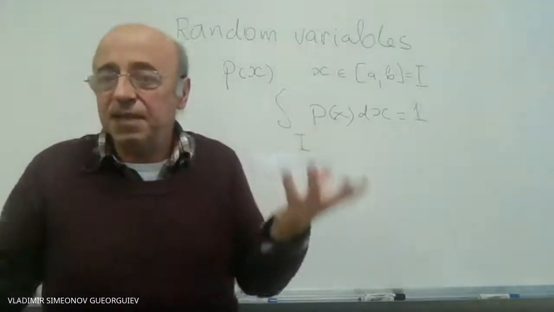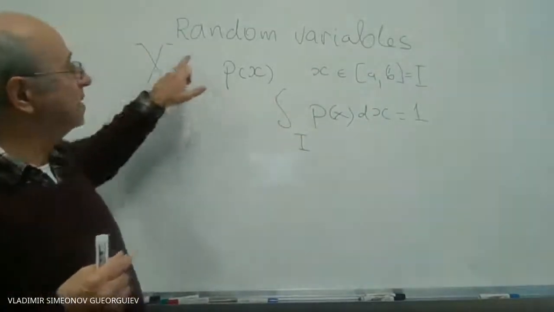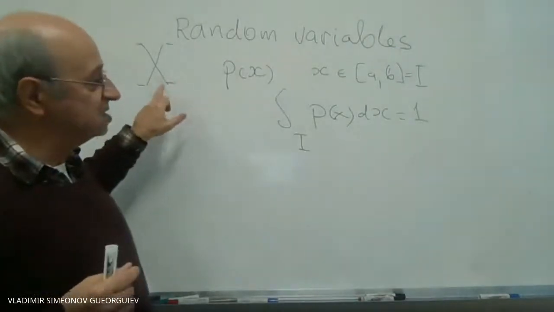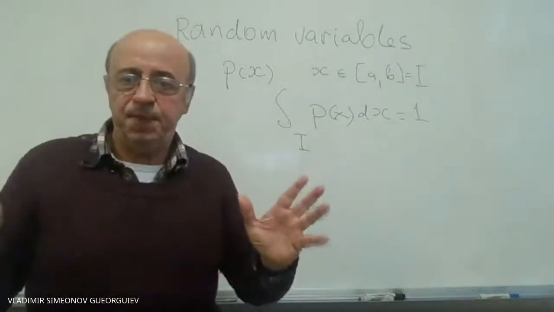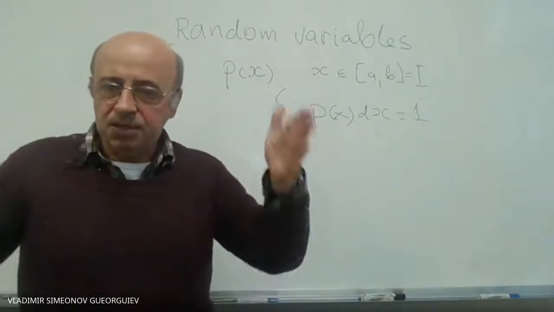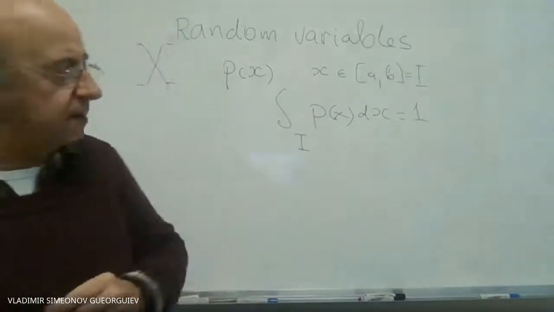So this is one event. But also this is one random variable in the sense that we are speaking about the appearance of the note La during the sonata.